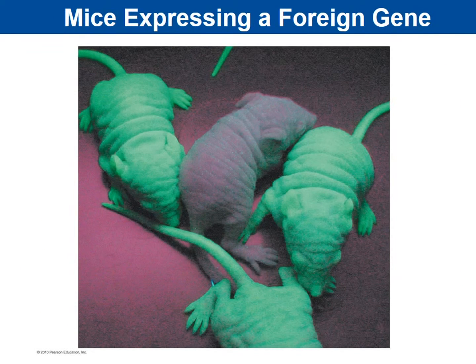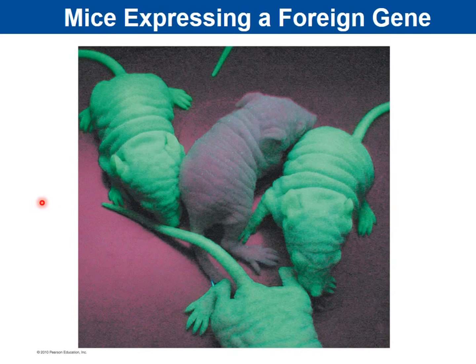So here's just an example showing you that in fact the genetic code is universal. These mice here, these ones that are green, they're actually glowing green, and they have a gene from a jellyfish in them. And this gene that jellyfish have is called GFP, which stands for green fluorescent protein. And in jellyfish, they can make this GFP protein and they fluoresce green.